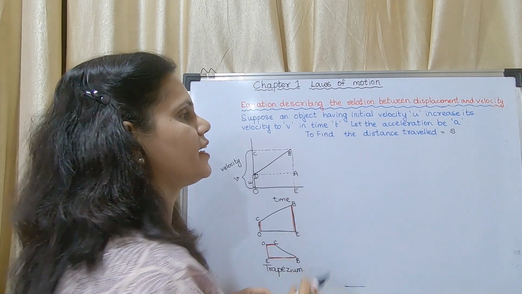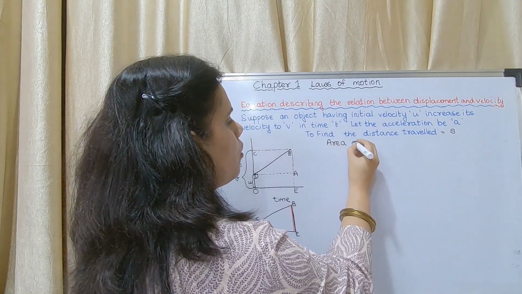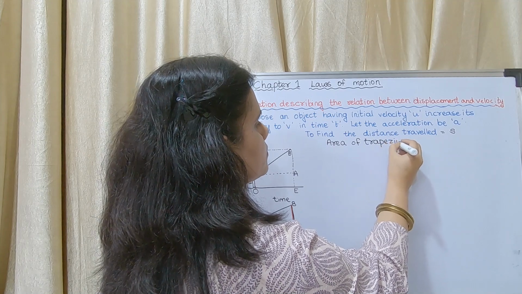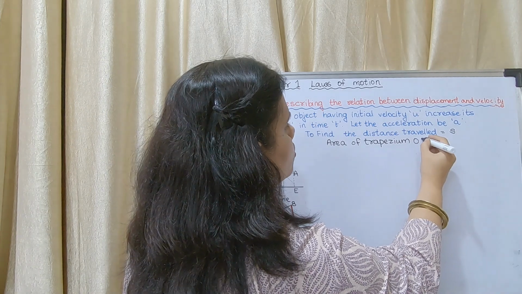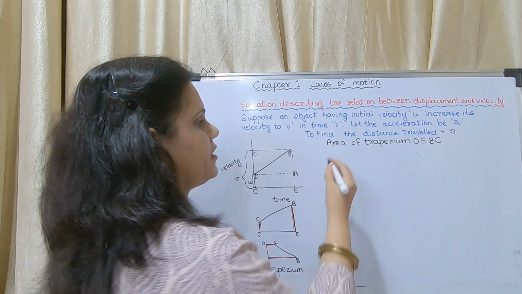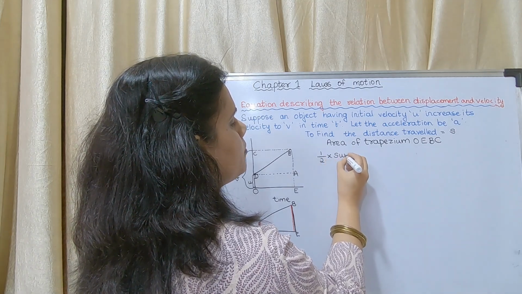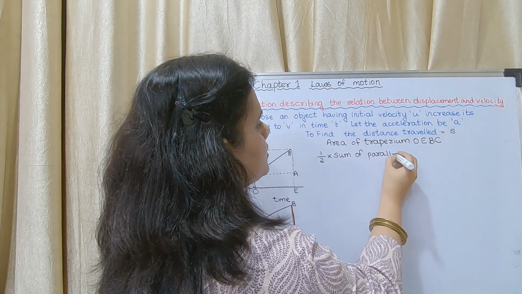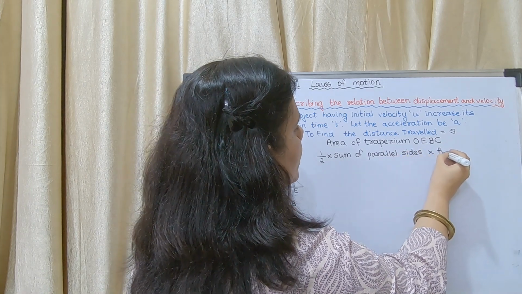So if you have to find out the distance traveled, you may find out the area of the trapezium OEBC. How will you find the area of a trapezium? With the equation half into sum of parallel sides into height.